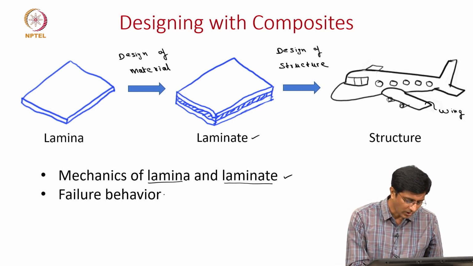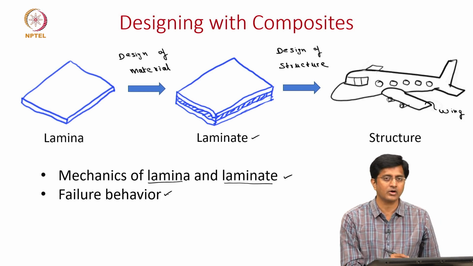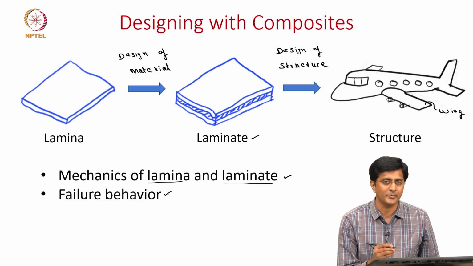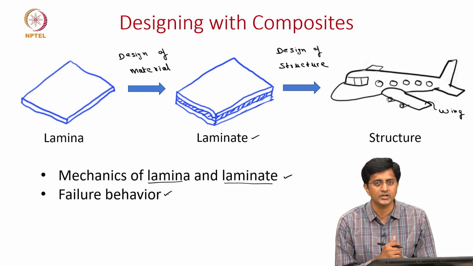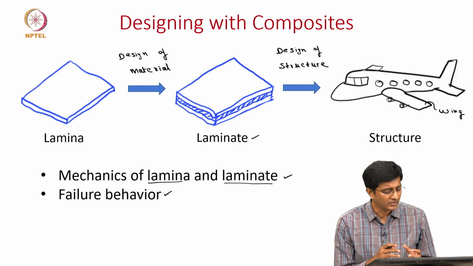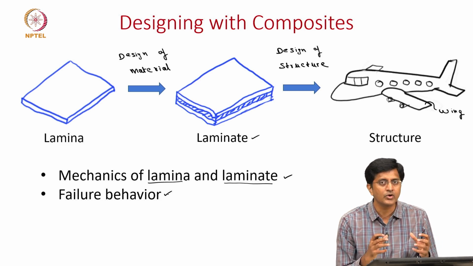Then we are also interested in the failure behavior of these laminas and laminates. Like we have failure theories for metals, we have failure criteria one can apply to see, for a given loading scenario, whether the lamina will fail or not.